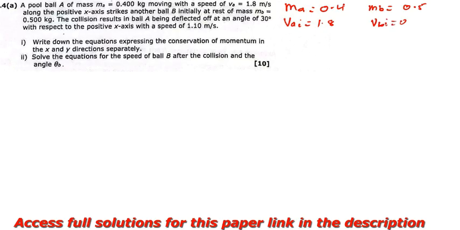Then vA final we have been told is 1.1. The theta A we have been told is 30 degrees. But vB final we don't know. So allow me to use final to be prime.